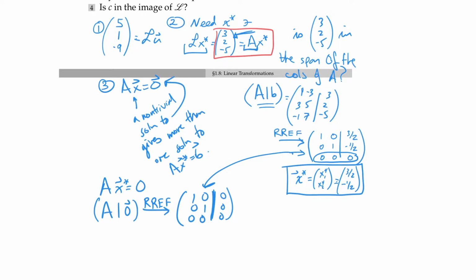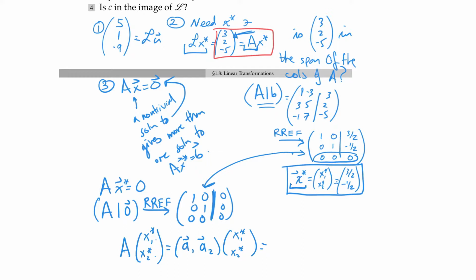Now from this, let's think about it. We have A, x star I'm writing as x1 star, x2 star. So I see that I have indeed two variables here. What do those two variables represent? Well, A is comprised of two columns, A1 and A2, say, and then I have x1 star and x2 star here.